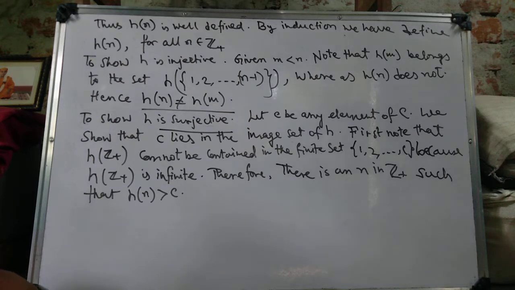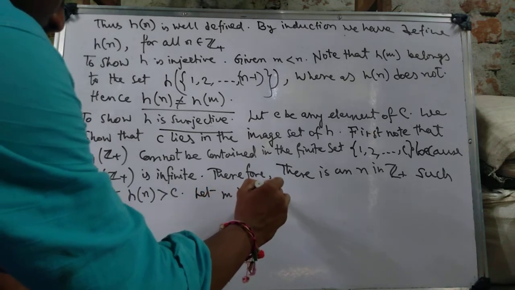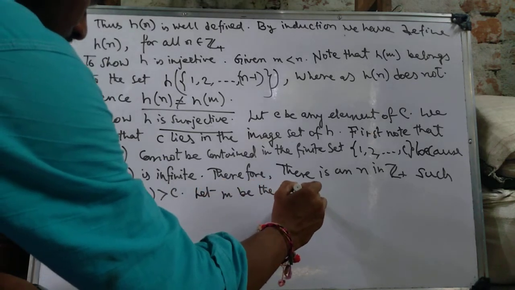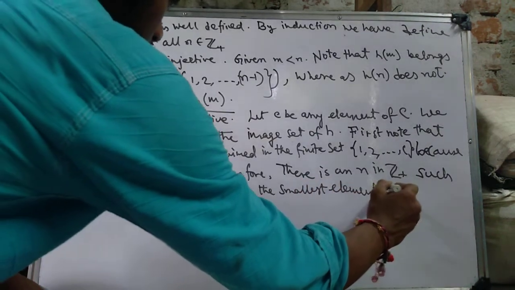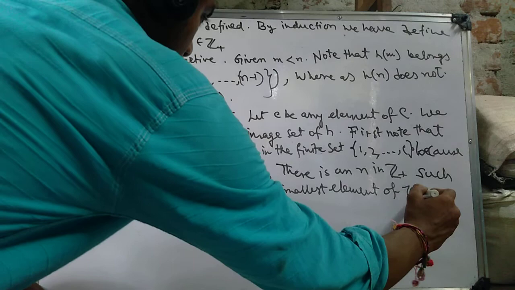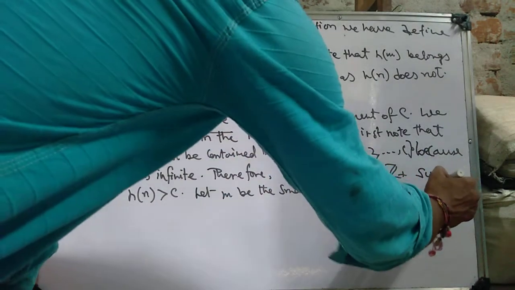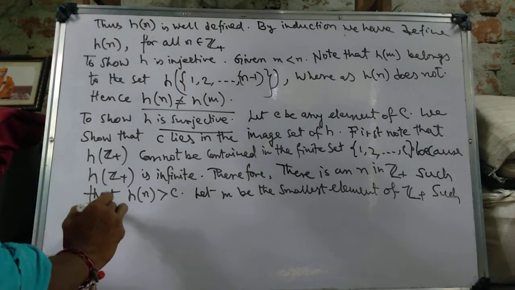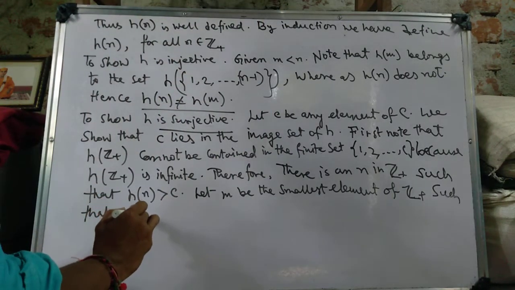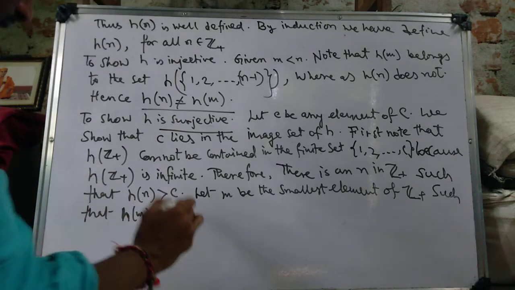Let m be the smallest element of Z⁺ such that h(m) is greater than or equal to c.